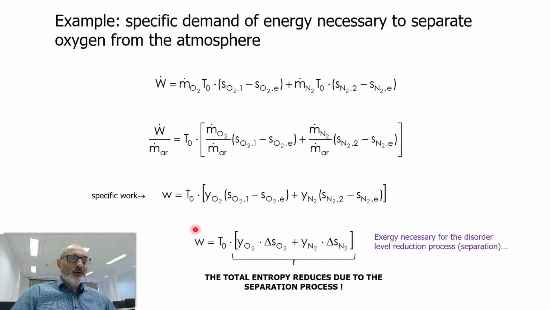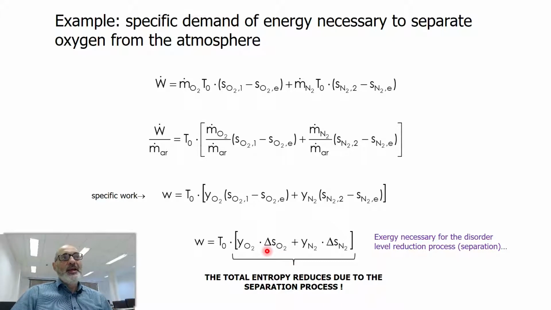So the final expression that we get is very simple, actually. W, the minimum amount of work. Now we have specific work, kilojoules by mole or by kilogram. So the minimum specific work is equal to the ambient temperature times the concentrations of O2 and nitrogen times the corresponding entropy variation.